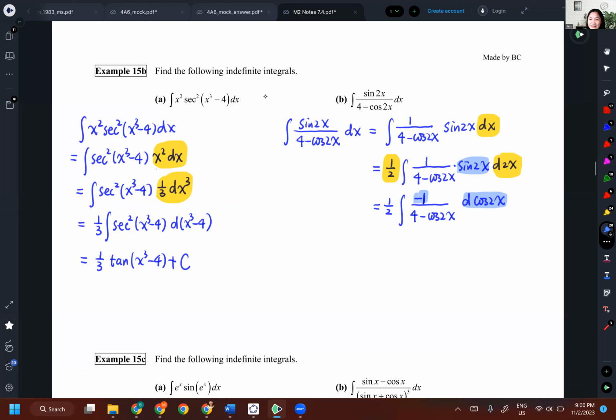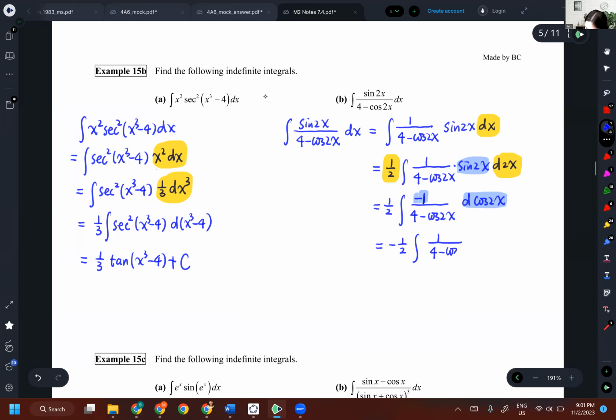I know it's confusing. I really understand. When I started to learn this, it was also confusing to me, but I did a lot of exercises. So this is negative 1 over 2, and then 4 minus cosine 2x, and this one I'm changing to 4 minus cosine 2x.